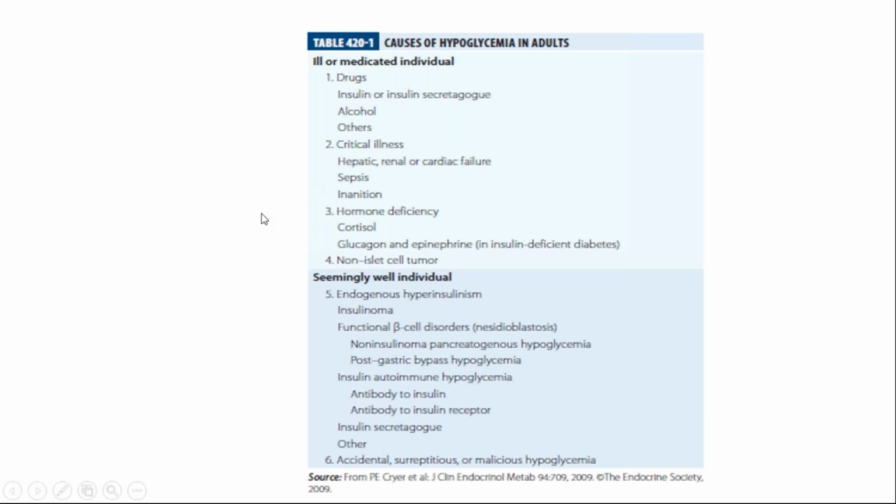Also alcohol, and when the patient is critically ill, that is hepatic or renal failure, or even sepsis, or if there is a hormone deficiency like cortisol deficiency. The rare ones are insulinoma, which is very rare in clinical presentation, and insulinoma usually does not present alone. We have other endocrinological disorders associated with it.